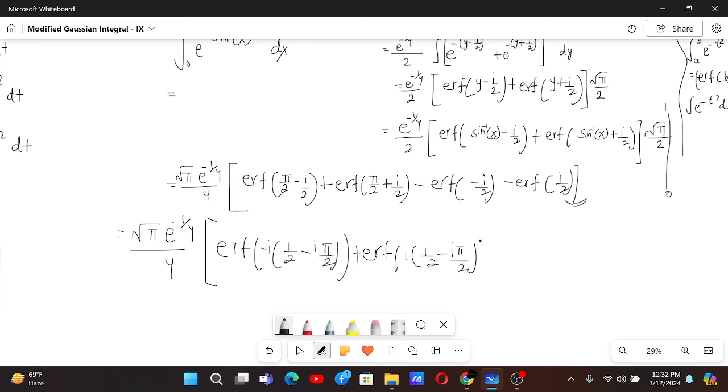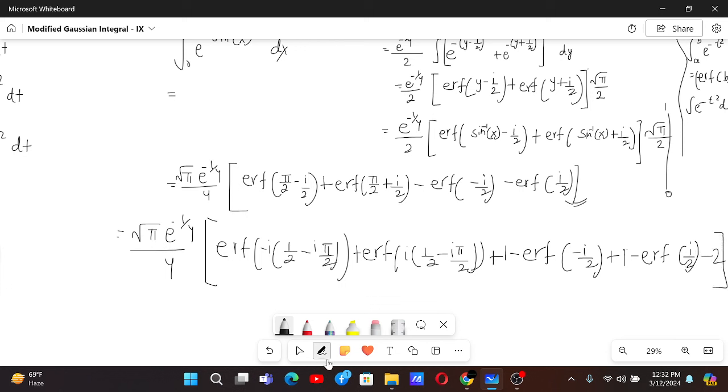And this one as 1 minus R of minus I by 2, and then 1 minus R of I by 2, and then finally subtract the 2.